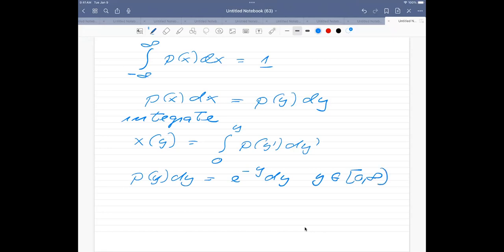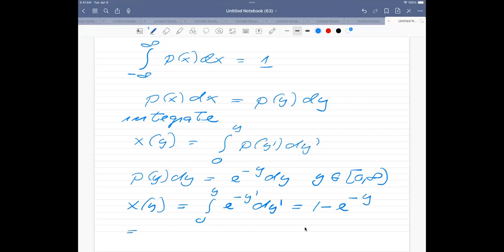Then I want to find the mapping from a uniform distribution to the exponential. So if I plug this in, then I have that x(y) is now given as an integral from 0 to y of e to the minus y' dy'. And this gives me simply, when I integrate, 1 minus e to the minus y.